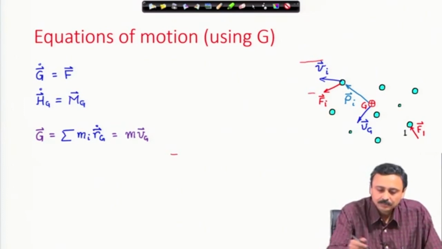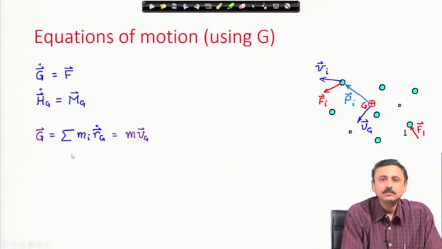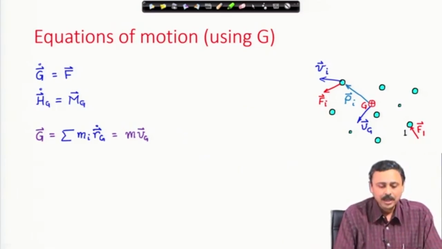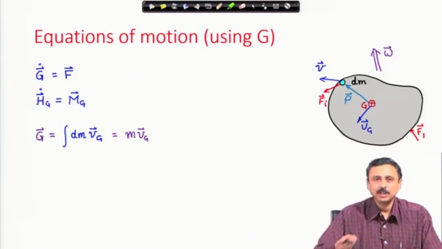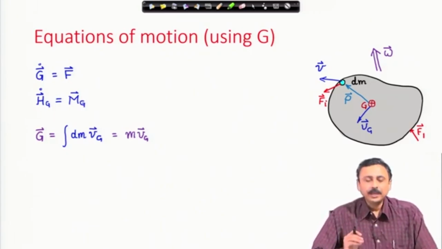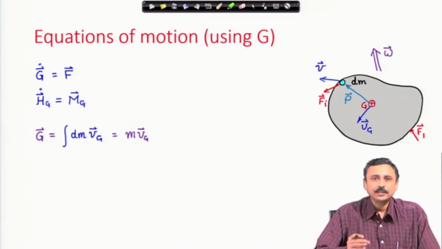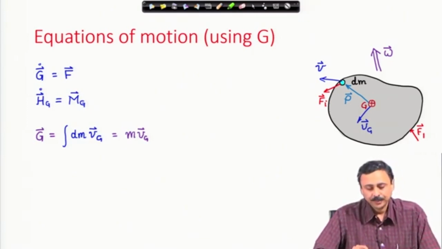When we go to rigid bodies, this summation just gets converted to an integral, as a rigid body is a collection of many small elements. We consider that this summation can be reduced to this integral over this very small mass measure dm. Our final result remains the same, it is the total mass times the velocity of center of mass.